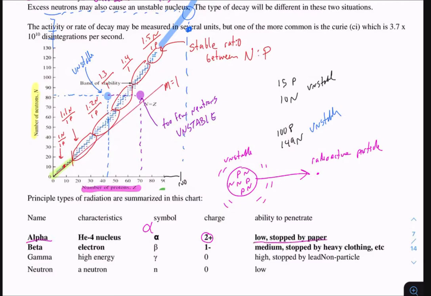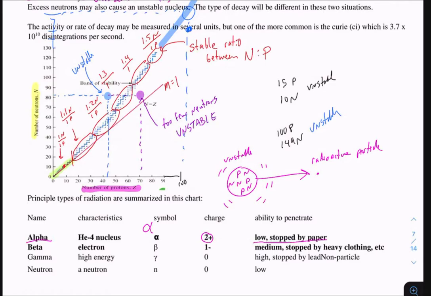Alpha particles can go through things that are really thin, but they can't travel very far. So if there was a source of alpha radiation sitting where I am right now, it probably wouldn't even reach you guys in the front row. It'd be shot out at you, but then it would just fall and peter off by your feet. So alpha radiation itself is not dangerous.